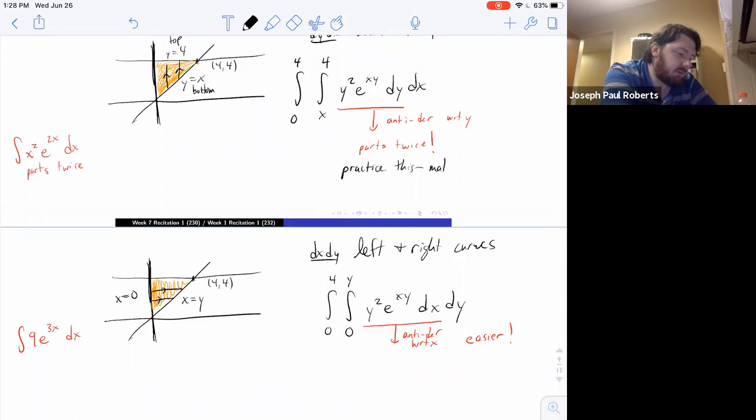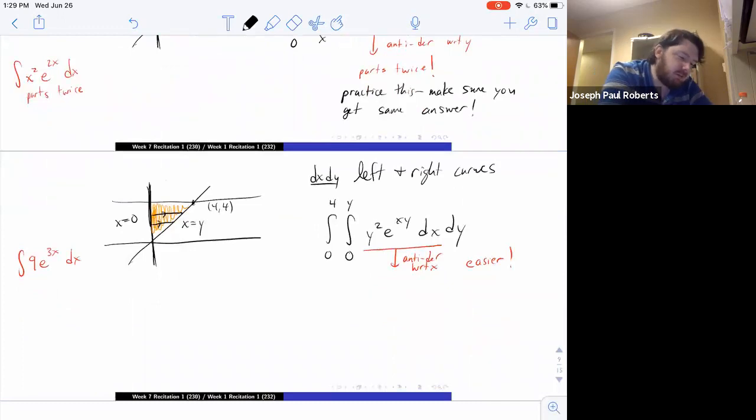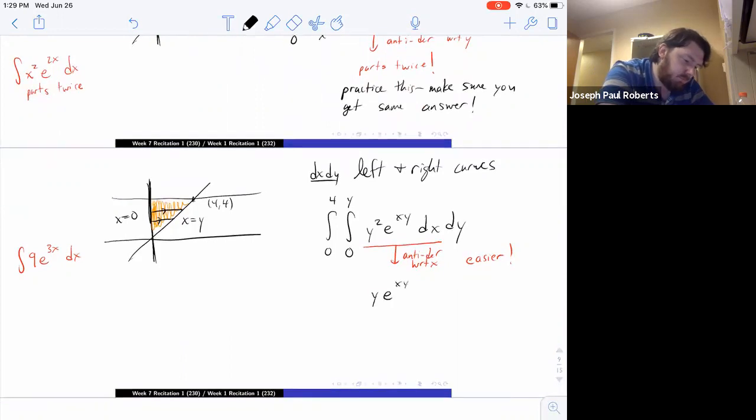Make sure you get the same answer. But let's do this one instead. If I'm pretending that y is a number, then the antiderivative with respect to x is just going to be y e to the xy. It's just a straightforward, easy substitution.